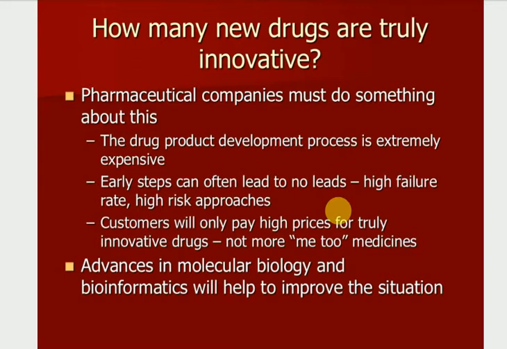Now, one thing that has been done to help this process out is this whole area called orphan drugs. So orphan drugs are drugs which are developed for diseases which affect a very small number of people. So let's say 10,000 people in the USA are affected by a certain disease. So that would come under the heading of an orphan drug. So orphan drugs are looked at from a regulatory perspective in a different way.